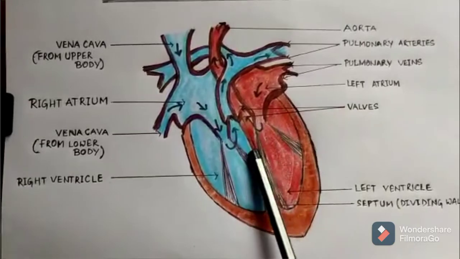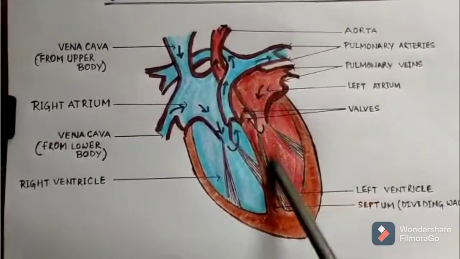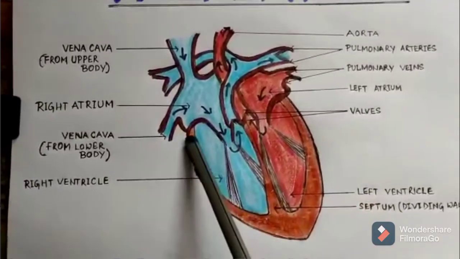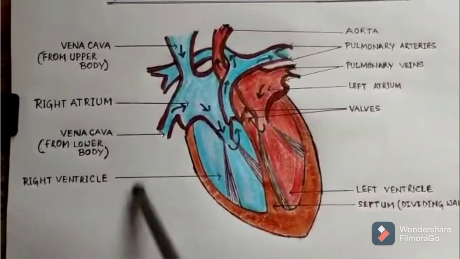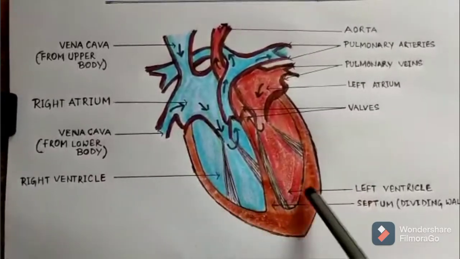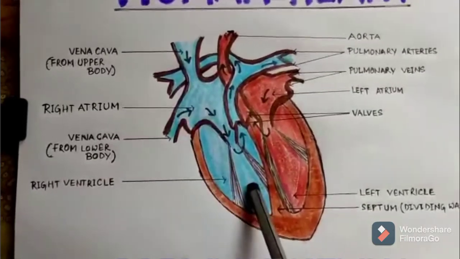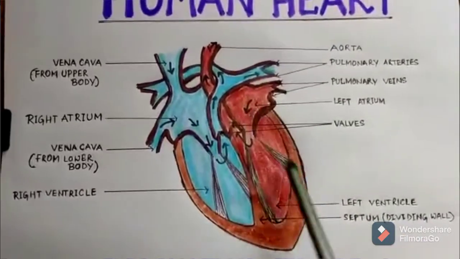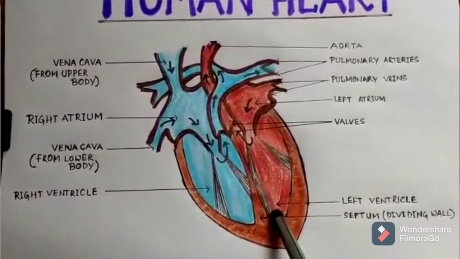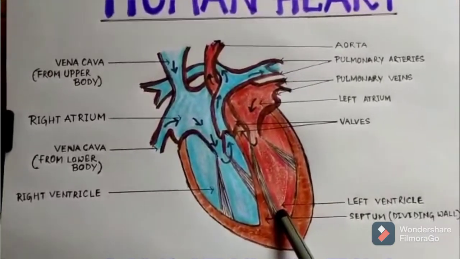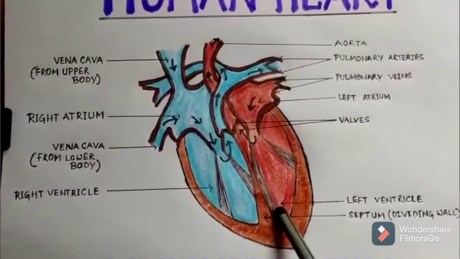Your right side is the left side of the heart, and your left side is the right side of the heart. So remember, this is the right side of the heart, this is the left side of the heart. This is the right atrium, this is the right ventricle, this is the left atrium, and this is the left ventricle. Let's move on to the next components present in the heart.